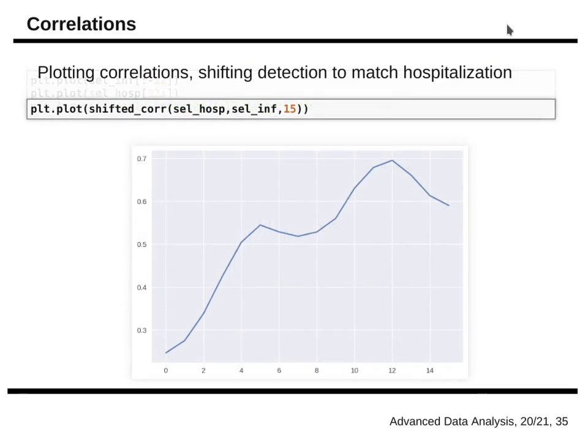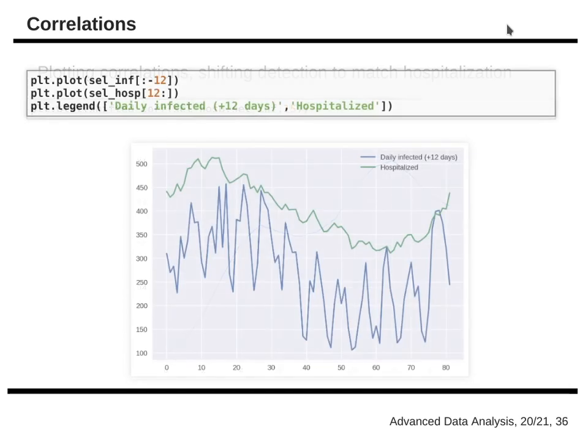So by doing this correlation with time shifts, we can try to figure out the relation between two time series, how they fit together well. And this suggests that in general hospitalizations start to increase 12 days after detecting new cases. So we seem to be detecting cases some 12 days before people start getting actually sick with symptoms and so on.